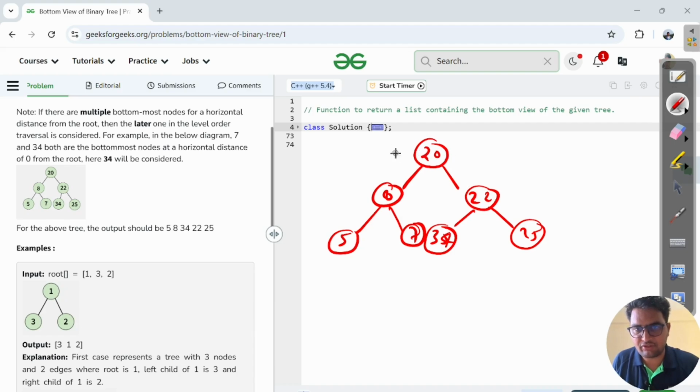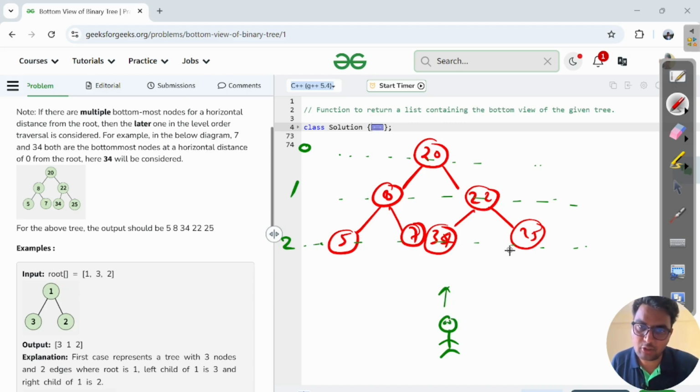Now if we talk about levels, so just draw horizontal lines here. So these are basically the levels. If I consider 0, 1 and 2, so 0 would be the higher level always, and 1 would be a lower level, correct? So if we look from the bottom, this way, then we can always see the lower levels.